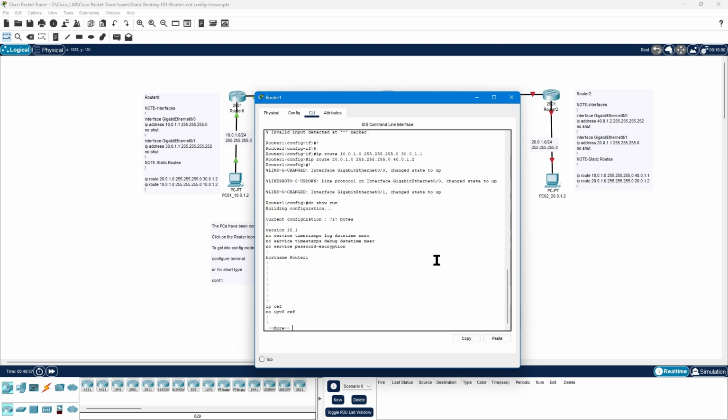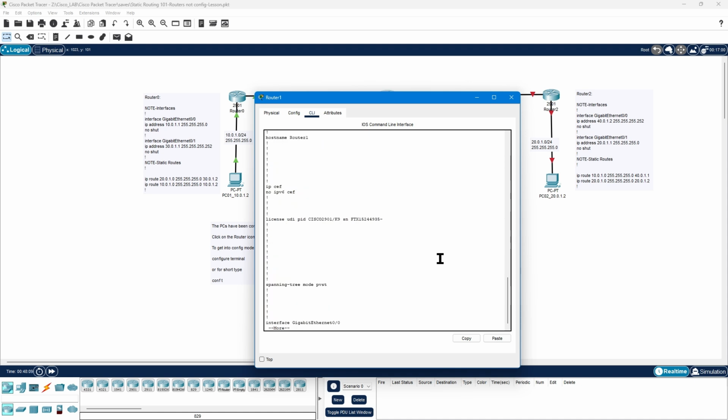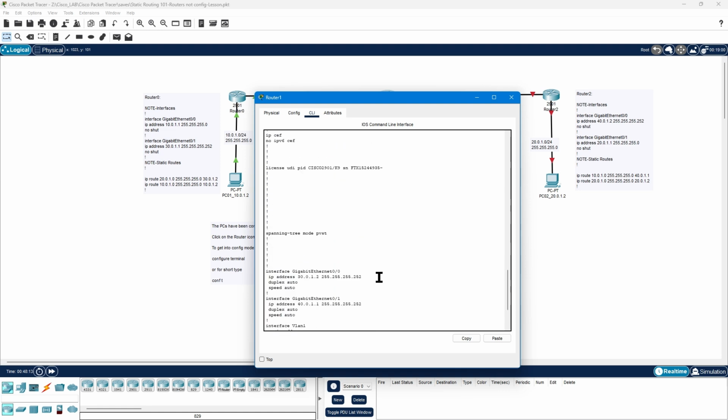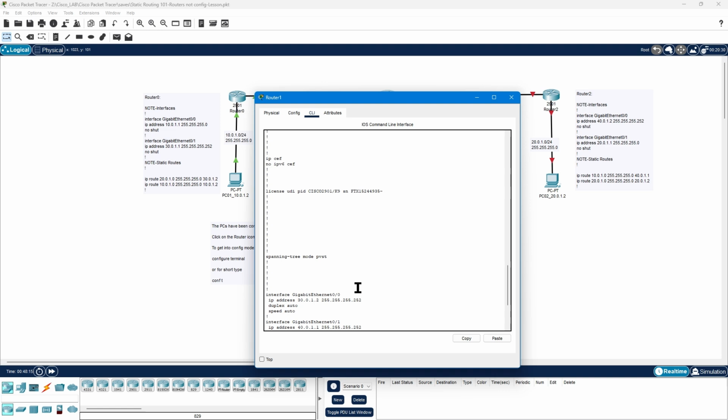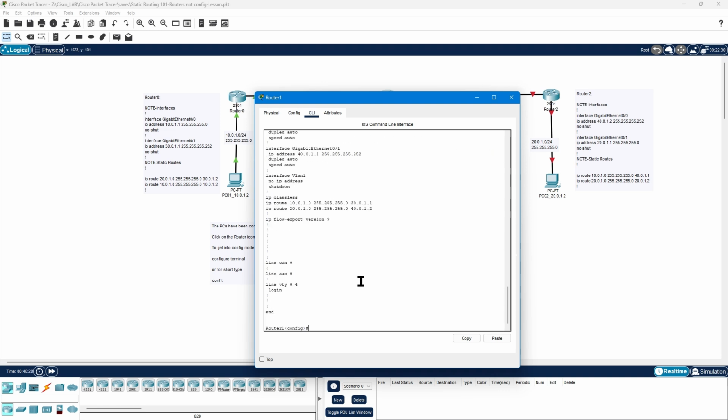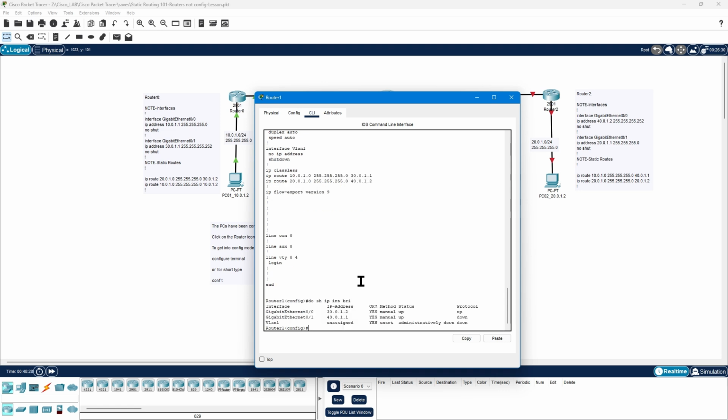And now we can see the configuration changed with our static routes down here, which would be the same thing for the other guy. And we can also do a do show IP interface BR, and you can do a BRI on this router.